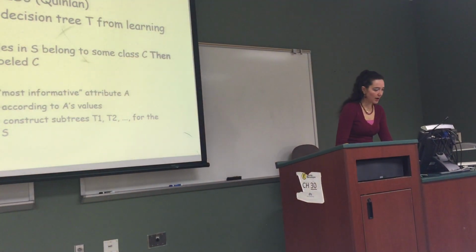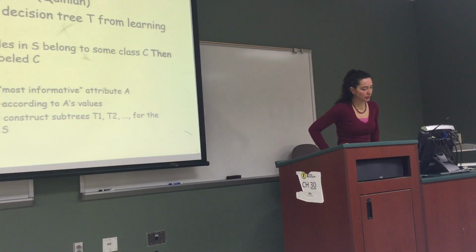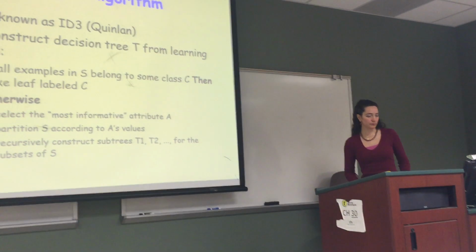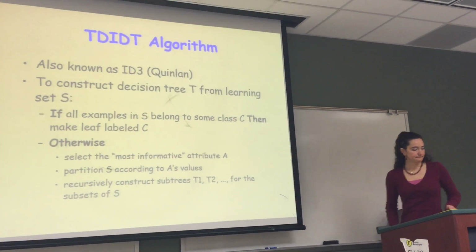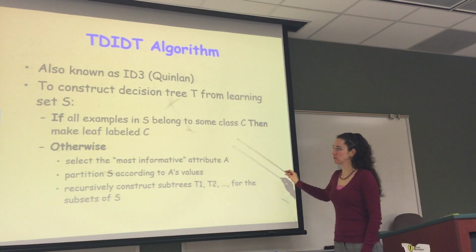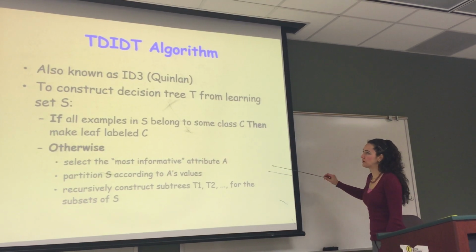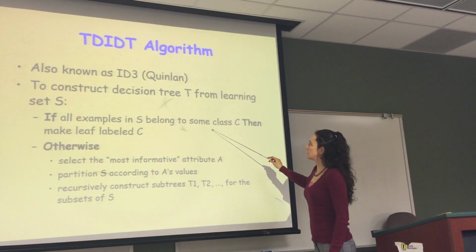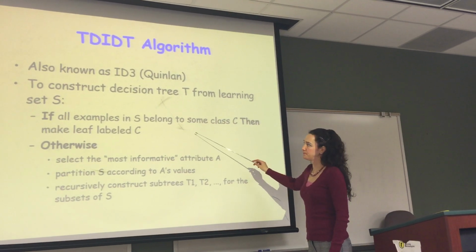Now, I mentioned we're going to do an example of the ID3 algorithm. And this is pseudo code of how this algorithm works to construct the decision tree from the learning set.